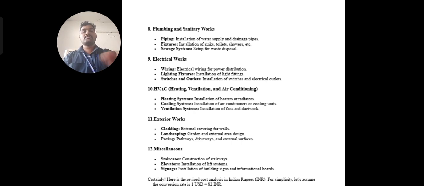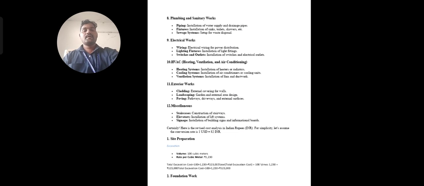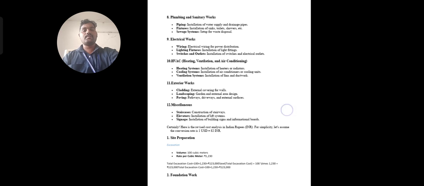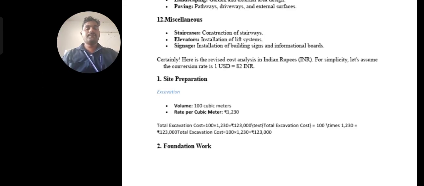I want to explain one by one with a numerical example. Here, in the cost estimation for the site work, we specify the quantity of the site as 100 cubic meters.